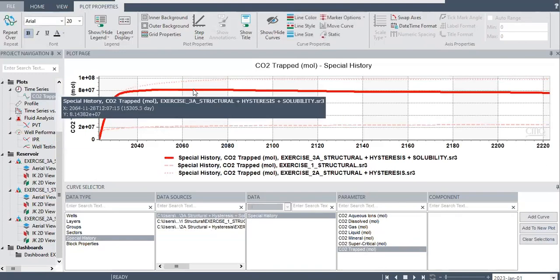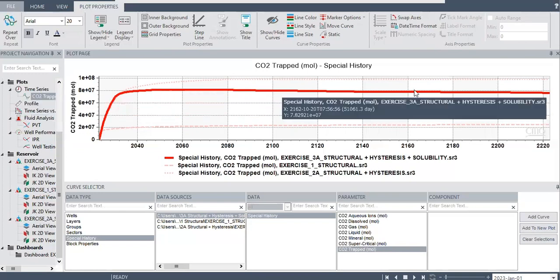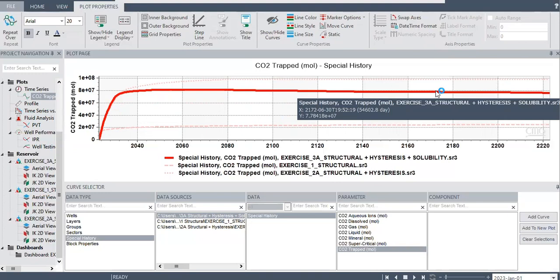Actually, hysteresis plus solubility is supposed to have the same amount of CO2 trap. But why do we have less CO2 trap here? Yes, again, because now we have CO2 moving into the water. Yes, first CO2 is trapped in the pore spaces, but it will not stay there as being trapped in the pore spaces.